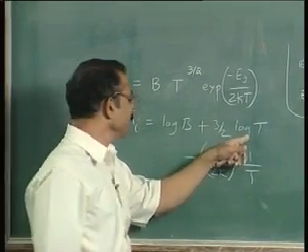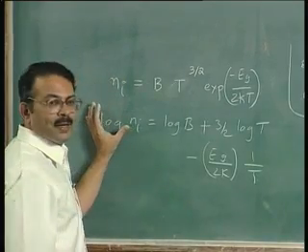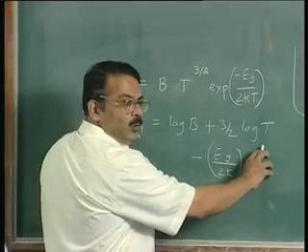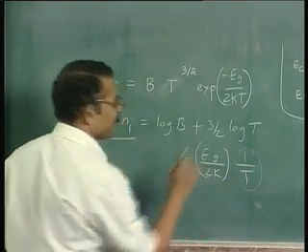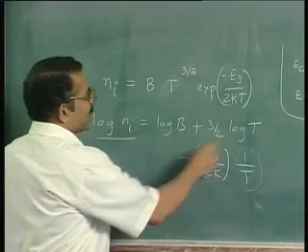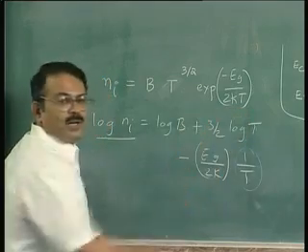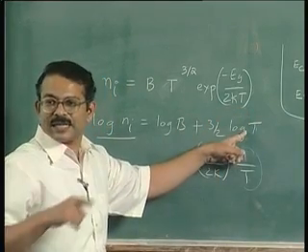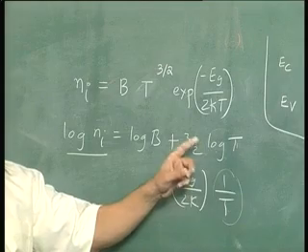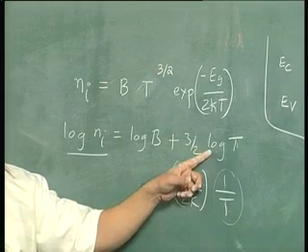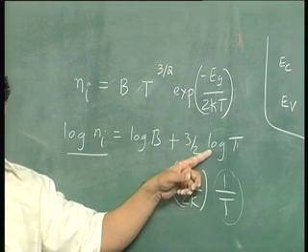And that is why if you plot log of Ni versus 1 by T, it would be a straight line. This effect of log of T you will not see here in your line. That is why it almost looks like a straight line, even though, strictly speaking, this term is present, its effect does not show up in the variation.